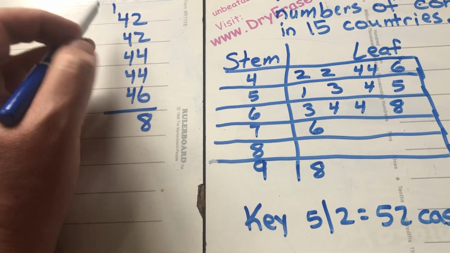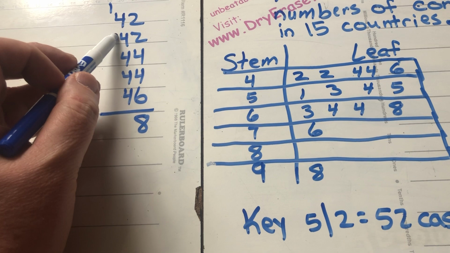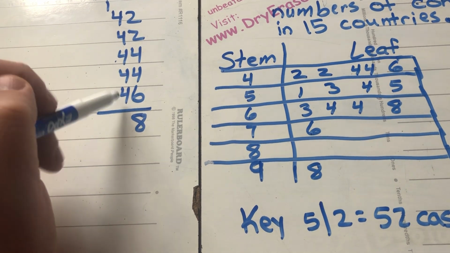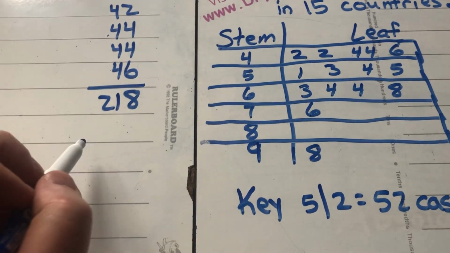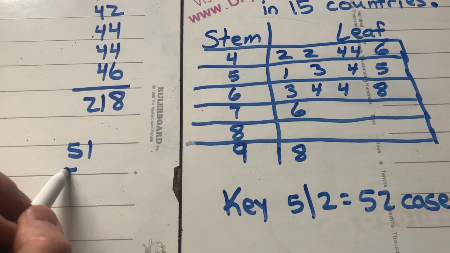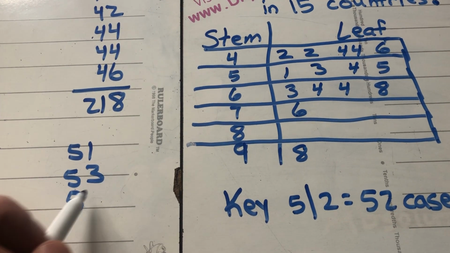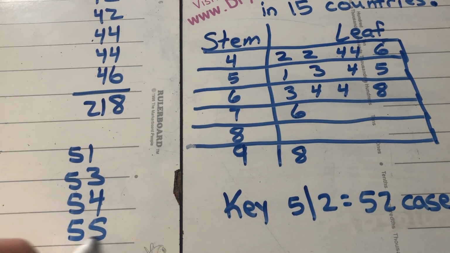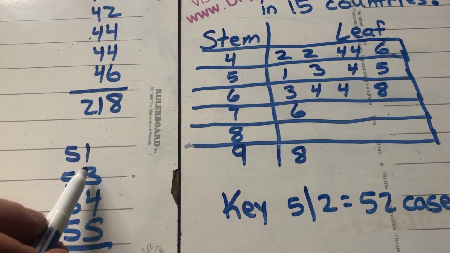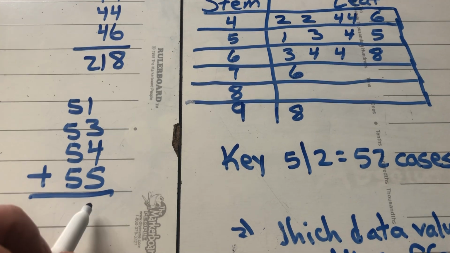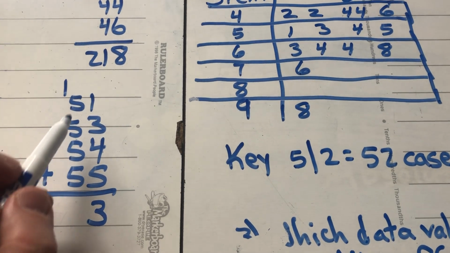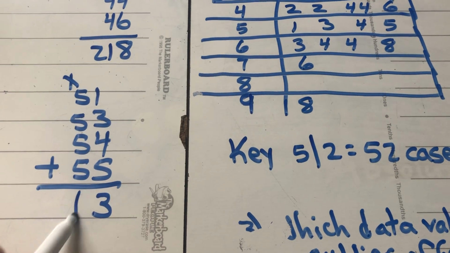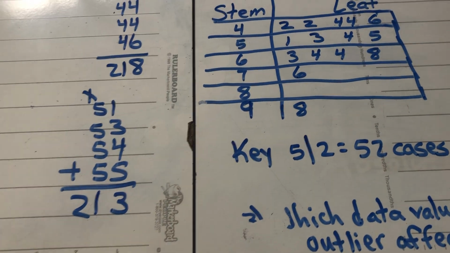Put the 8 down, carry the 1. 1 and 4 is 5, 9, 13, 17, 21, 218. All right, let's go to the 5. 51, 53, 54, 55. 1 plus 3 is 4, plus 4 is 8, plus 5 is 13. Put the 3 down, carry the 1. 5, 10, 15, 20, 21, 213.